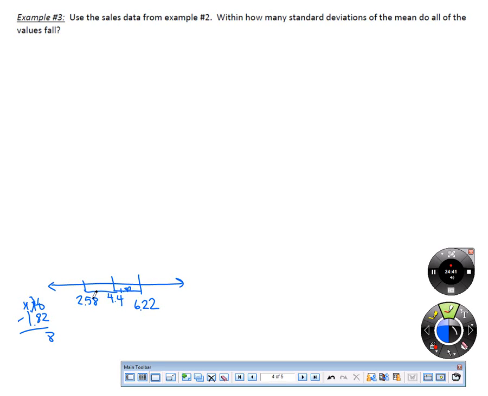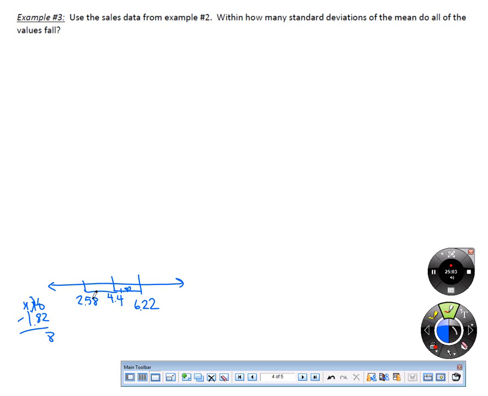So far, from 2.58 to 6.22 would be just one standard deviation from the mean. Are all the numbers of monthly sales between 2.58 and 6.22? No. So there were months where they fell beyond one standard deviation away from the mean. Is that okay with everybody?